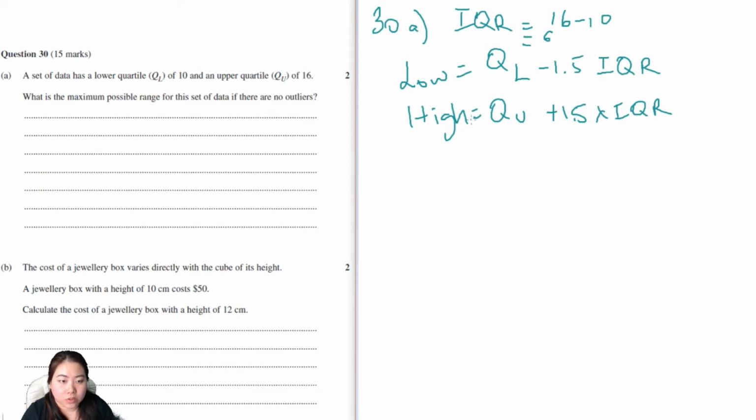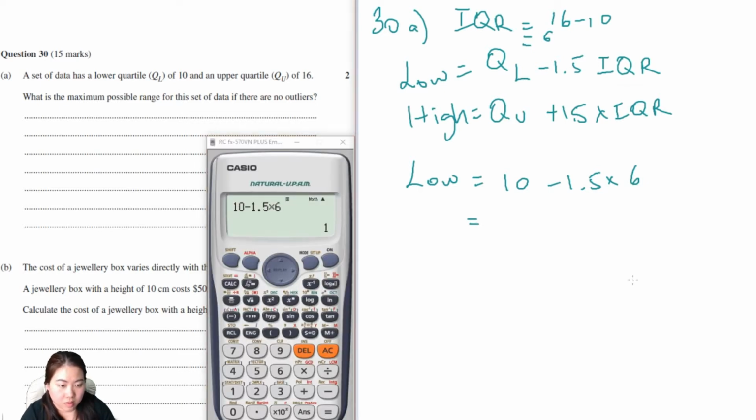Now all we have to do is substitute in the numbers that we have. The lower quartile is 10 minus 1.5 times the interquartile range, and that's 1. Similarly, we have 16, the upper quartile, plus 1.5 times the interquartile range.